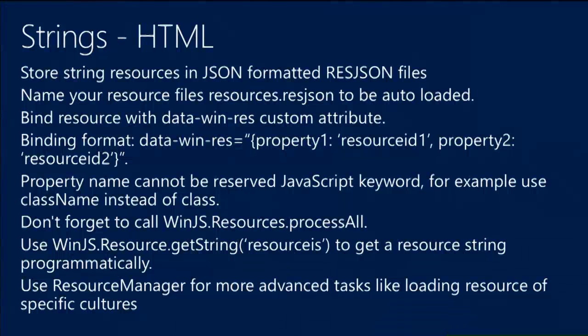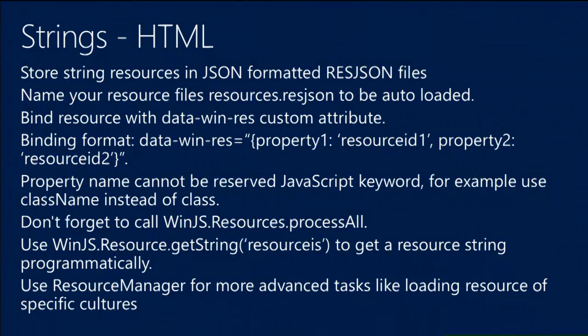So for strings, this is the most basic task we will do. In HTML, we store string resources in a file format called res.json, which is basically a JSON file, like any JSON file submitted over the internet.